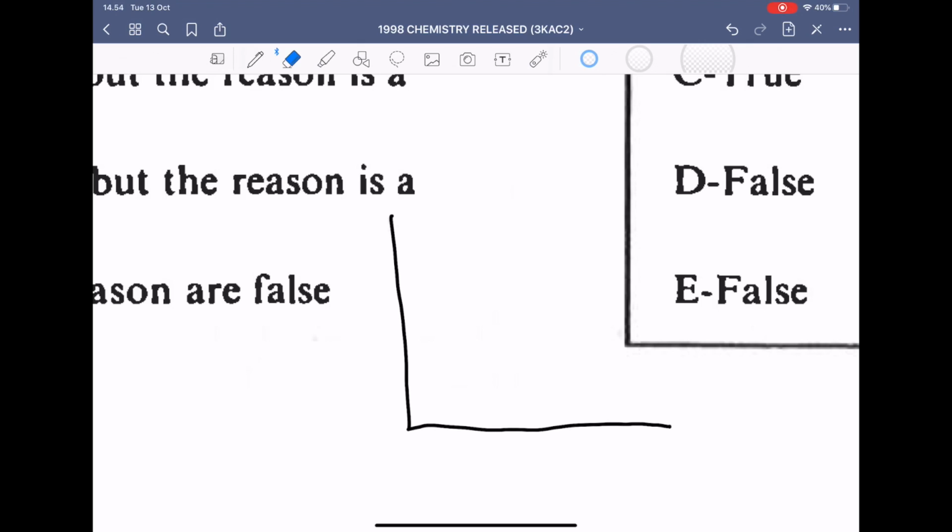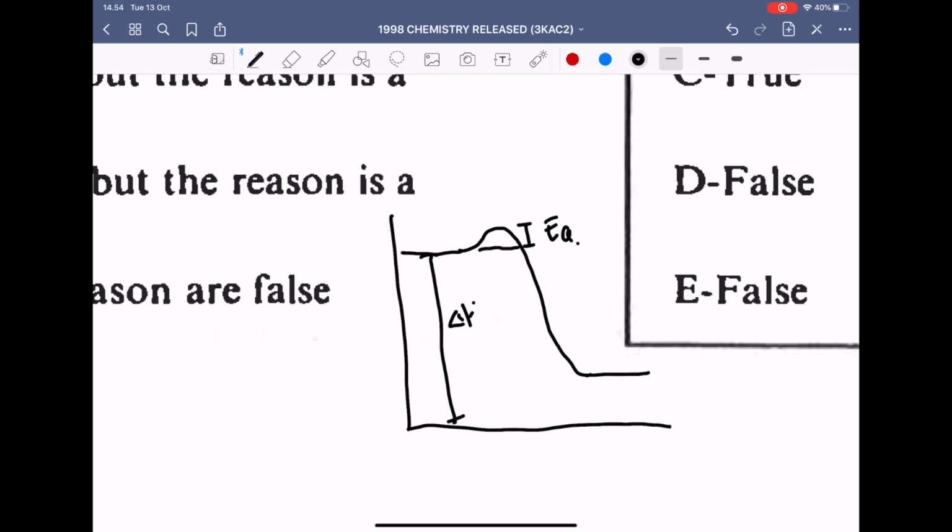Let's say there's a reaction like this, and this bump you see here is the activation energy, and this is the enthalpy value for the reactants, and the enthalpy value for the products, and from here to here is the change in enthalpy.